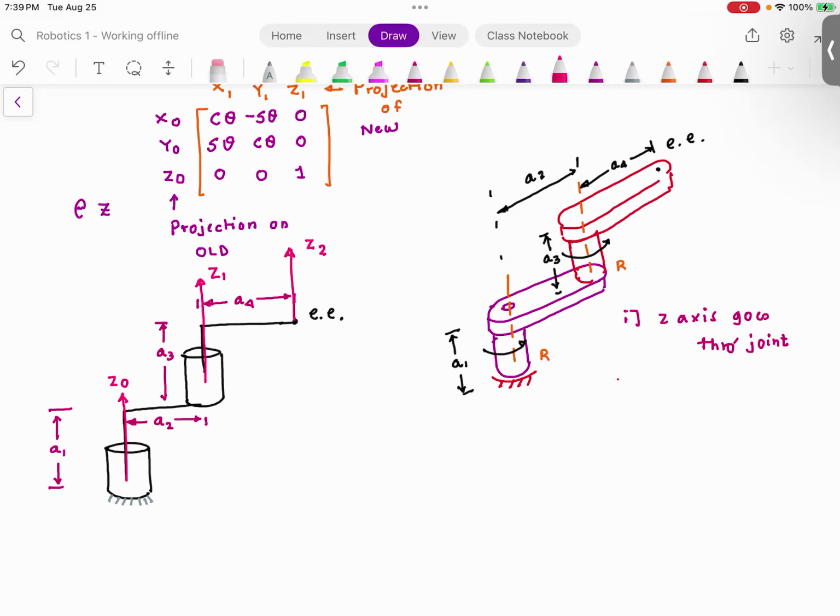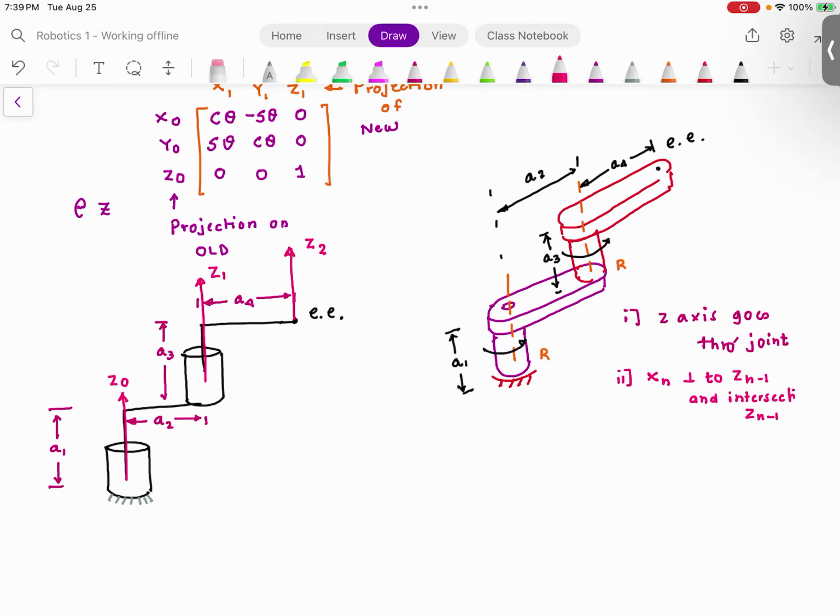Now let me give you the second rule. The second rule is very important. Now I need to find out where the x-axis is going to be. So the rule is Xn is perpendicular to Zn minus 1 and intersects Zn minus 1.